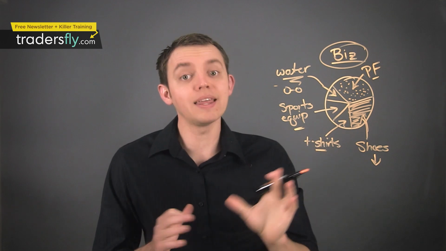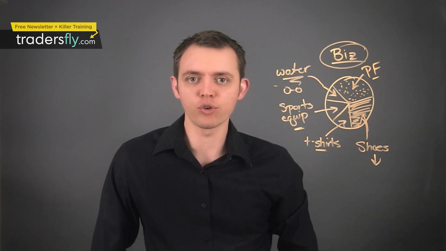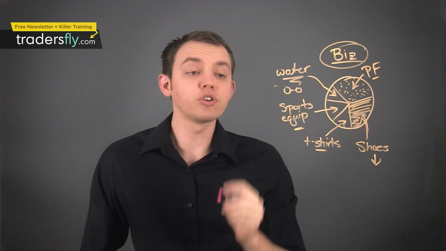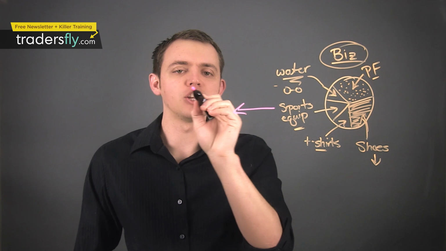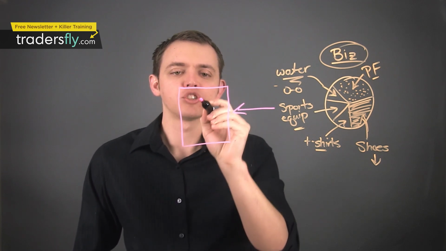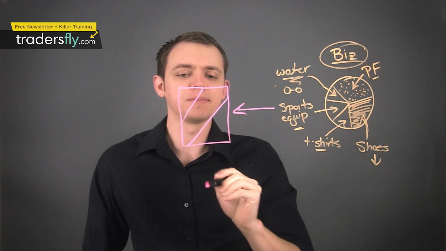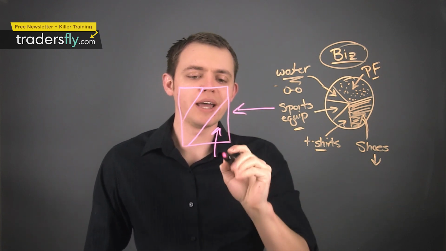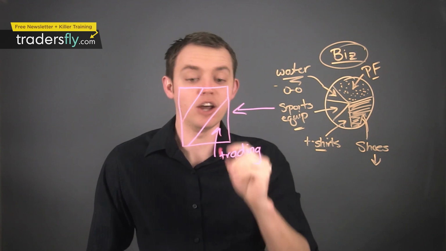It's the same way that you can apply it to your own investing portfolio in the real world. So if we take this out to the real world, now you might have a large quadrant. I'm just going to use a box to represent this. You might have a large quadrant of your investments. In one quadrant, what you might have is trading, and this could be stocks and other things.